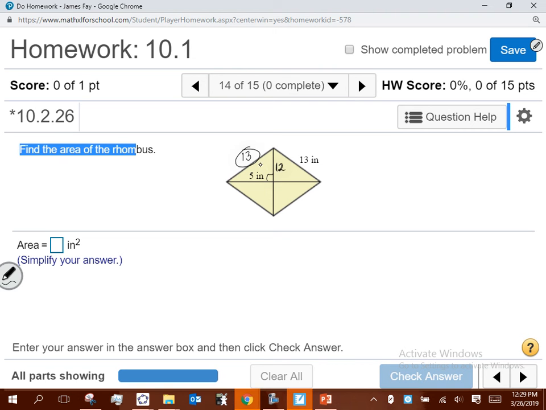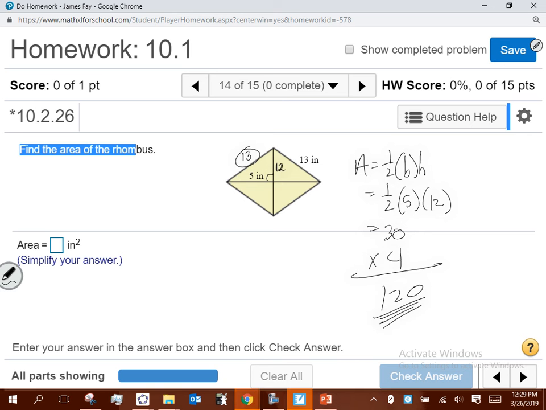Okay. So now, area of that triangle would be 1/2 B times H. So 1/2 B, maybe it's 5. H, maybe 12. So that gives me 30 again. But that's just for one triangle, right? And you multiply that by 4, and I get 120 then for the area of that rhombus.